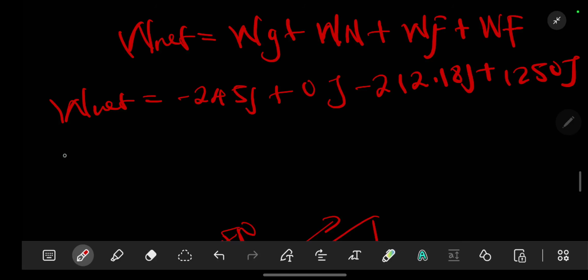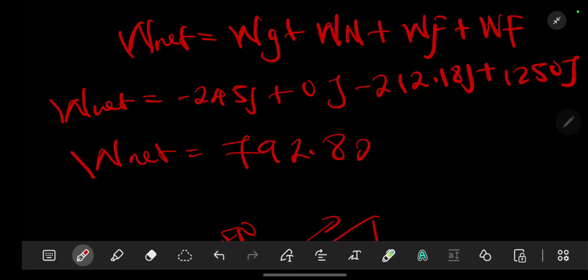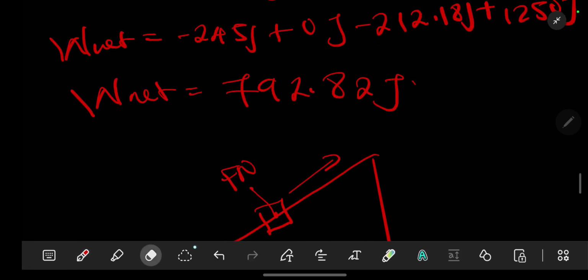So the net work done is equal to negative 245, minus 212.18, plus 1250. This gives us a value equivalent to 792.82 joules.